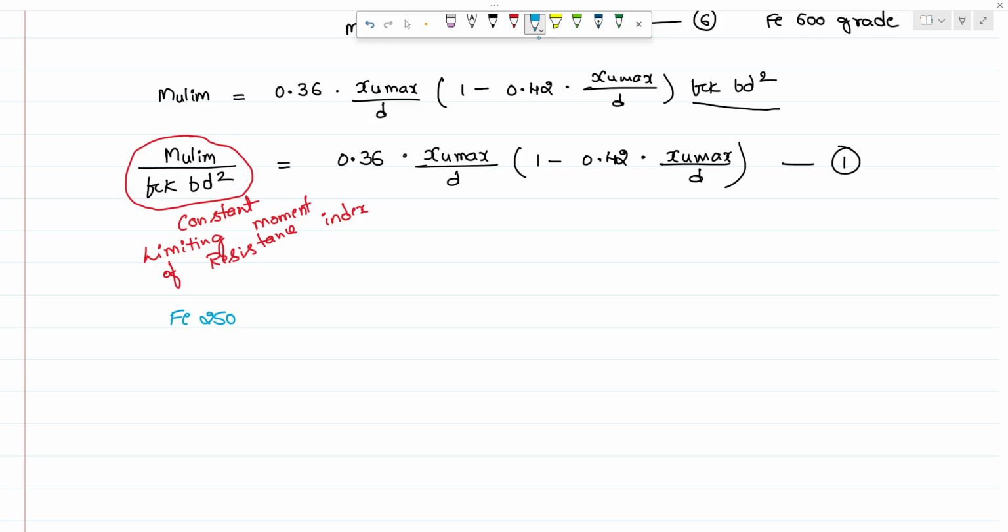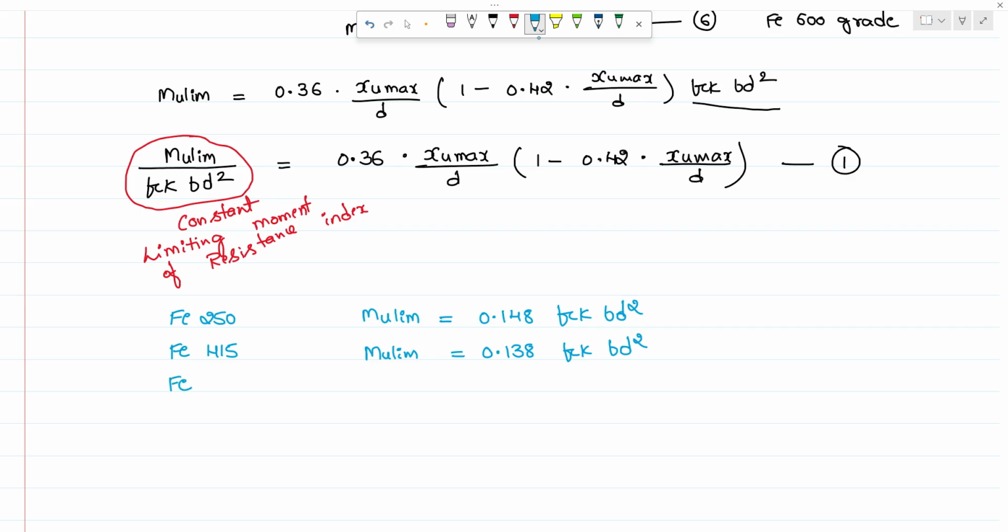250, the equation will be mu limit equals 0.148 FCK BD square. For Fe 415, the limiting moment of resistance index will be 0.138 FCK BD square.